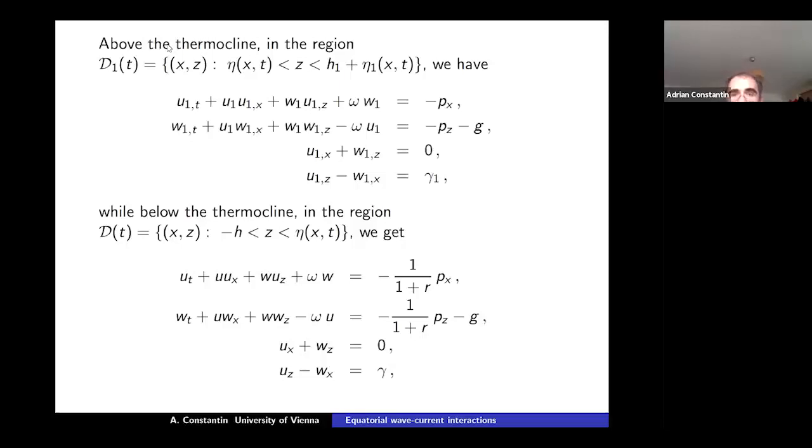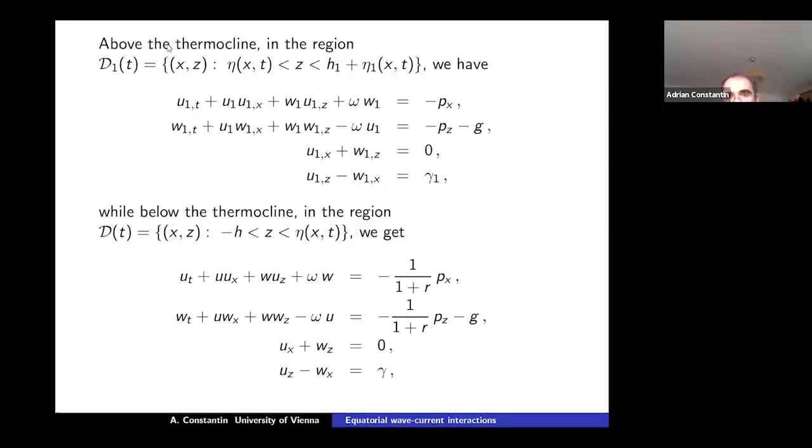And below the thermocline, it's something similar. Because of the choice of the non-dimensionalization, the density is slightly bigger. There is this little factor: instead of 1, I have 1 plus r that I have to divide with. Again, mass conservation and a different vorticity gamma.